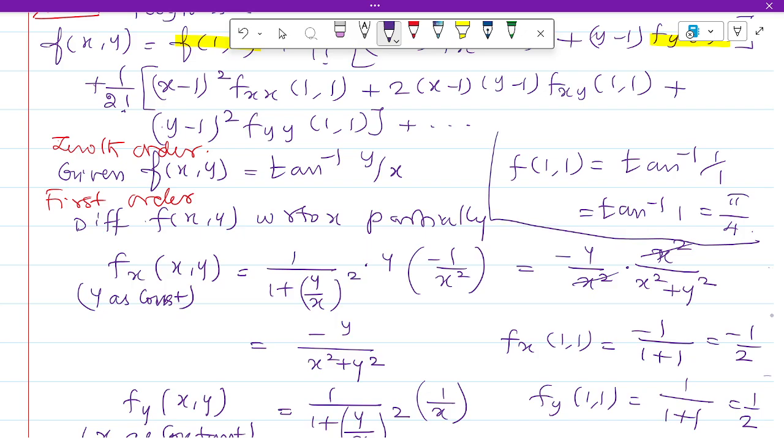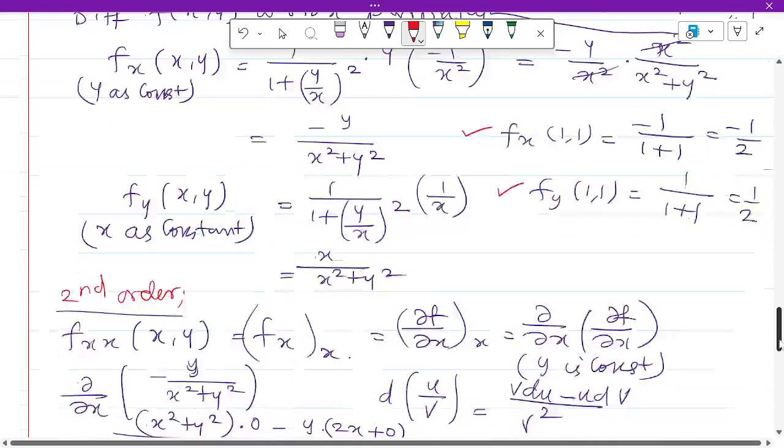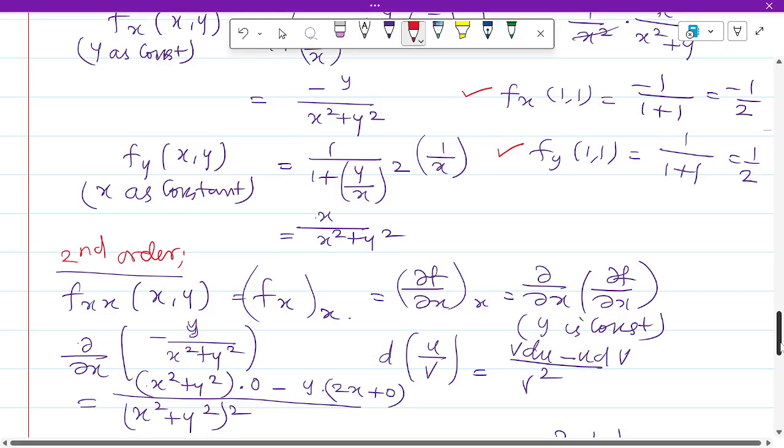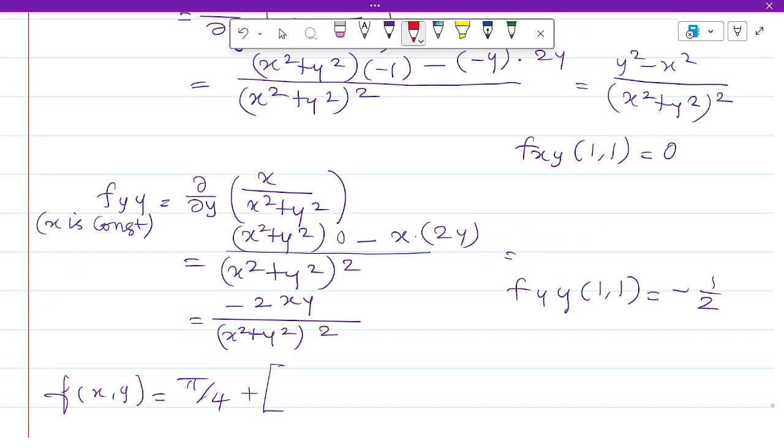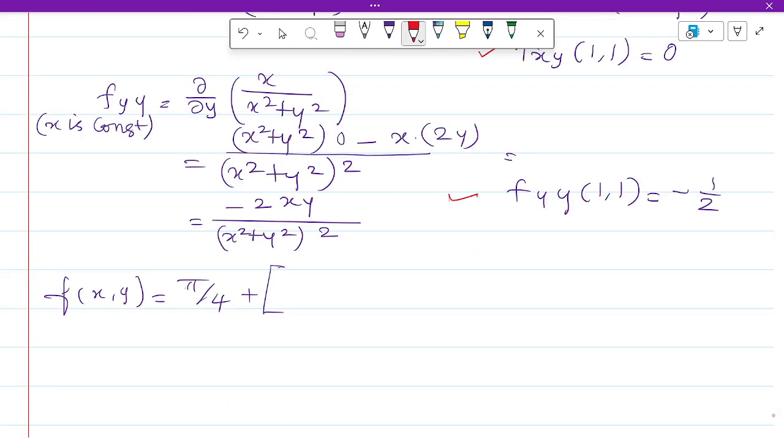So this is one important result. That is one. And then here fx of 1 comma 1, I can take it in red pen. It is one more. It is fy of 1 comma 1. And then you can do in pencil also to avoid the confusion. fxx, it is one result. fxy, one more result. The final result is fyy. So you have to very carefully write the values.